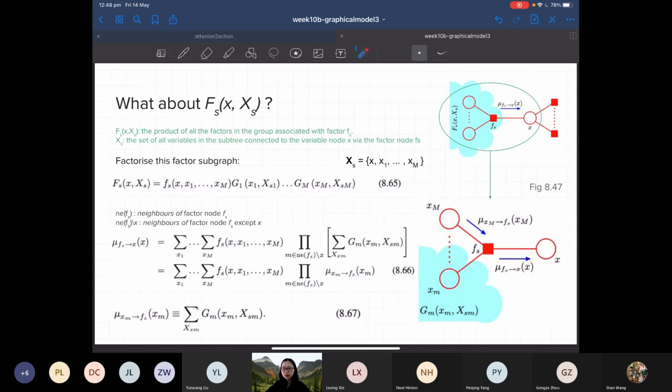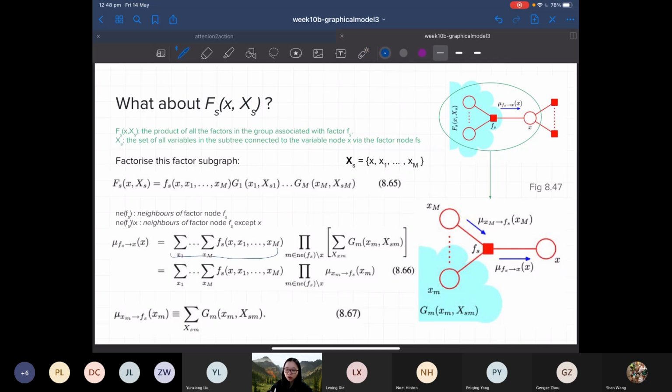So here it is. The real work is in deriving the factor to node message from the previous messages, meaning from the node to factor messages. So the computation is done in here.